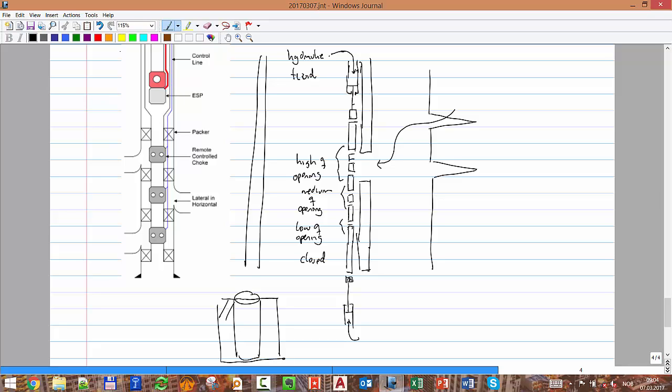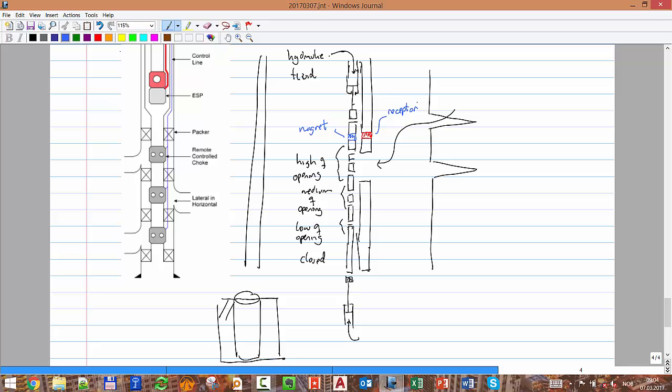Also I need some other things, like I need to know which section I have, because I cannot be blind. If I go down, how do I know which one is in front? Is it this one or this one or this one? So one thing that is also done is that I put a magnet, and here I put an electric receptor. That will be a magnet, and that will be a receptor.